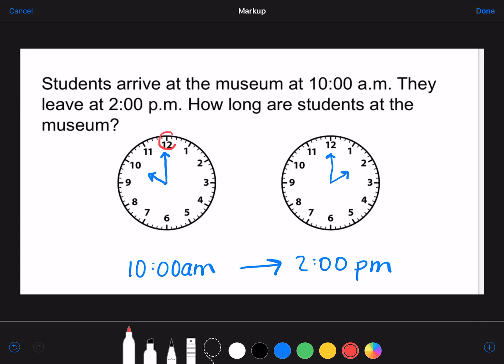Remember that 12 o'clock, when the hour hand hits there, would be noon. So to think about the clock, 10 to 11 would be 1 hour, 11 to 12 would be 2 hours, 12 to 1 would be 3 hours, and then 12 to 2 would be 4 hours. So here, how much time elapsed would be 4 hours, making sure at 12 we switch to that 1.